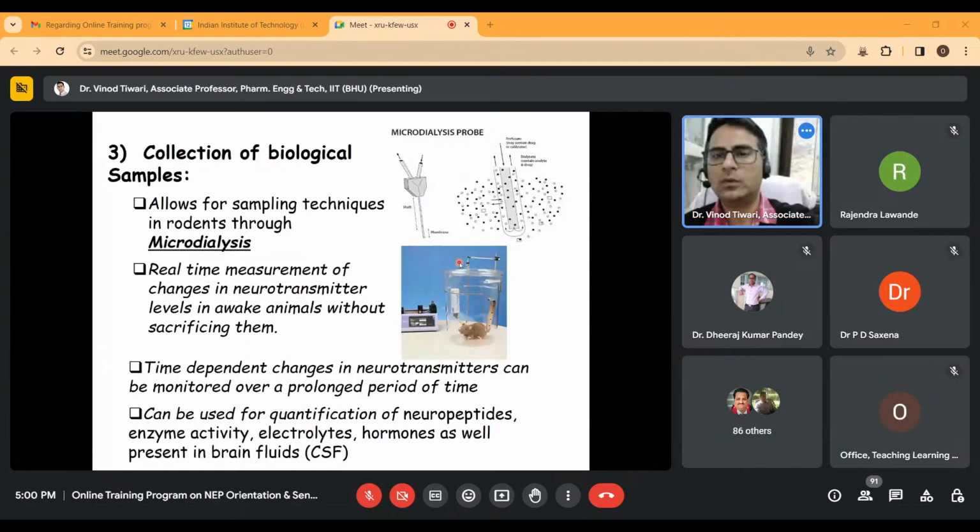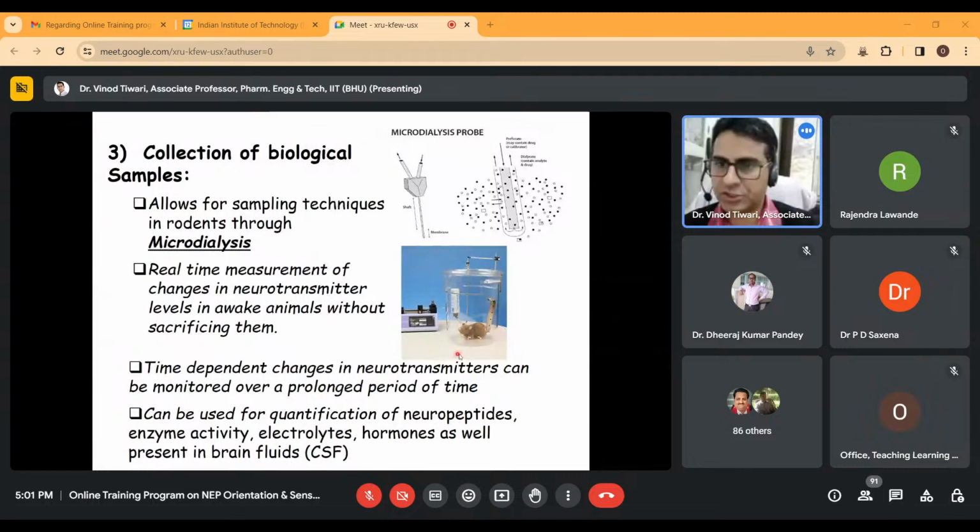That is something which you don't want, right? And then to implant this microdialysis probe into the animals, you need to perform the histotoxic surgery. So what do you see here? This shaft can be inserted into the brain of the animals at a desired location, from where you want to collect the cerebrospinal fluid.